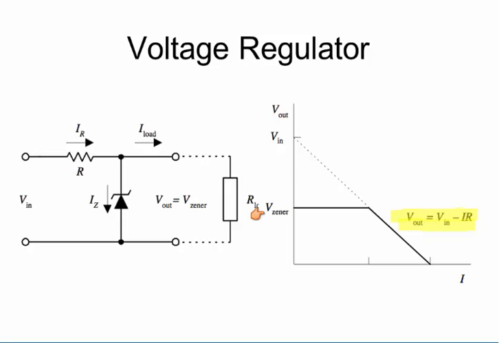The other is a constant voltage for varying currents until the breakdown, where the IR voltage drop is large enough to take over. So when you look at the 2 intersects of the 2 drops, you can combine these linearly to get the voltage transfer of this circuit.